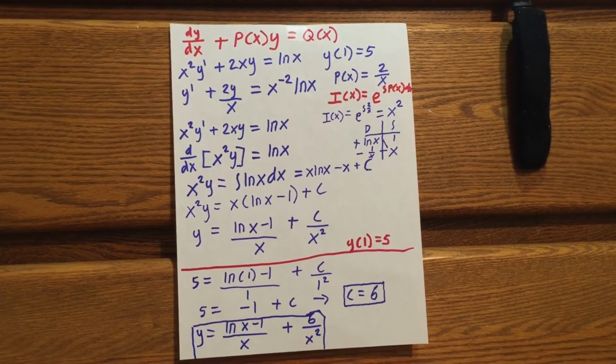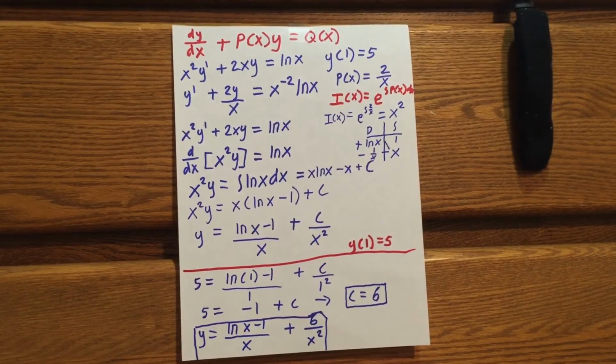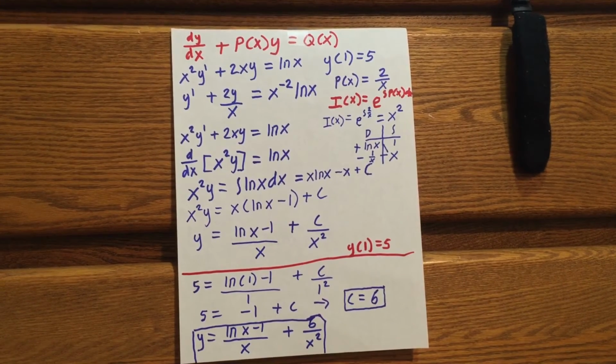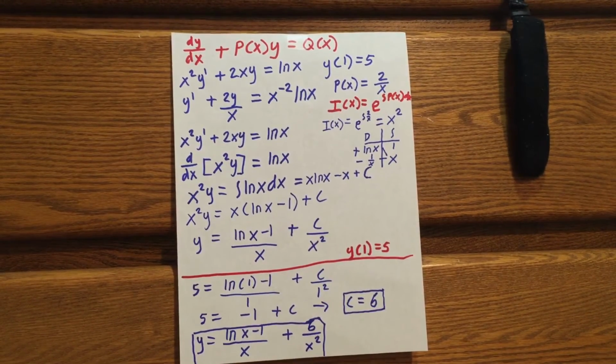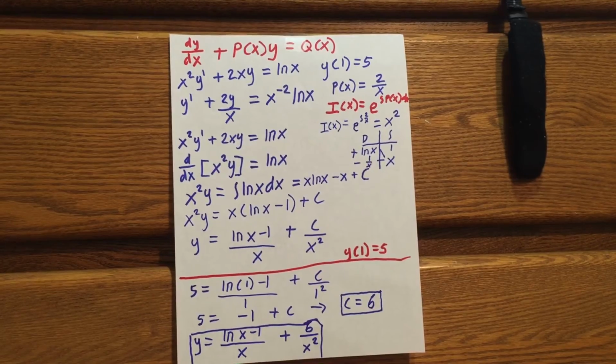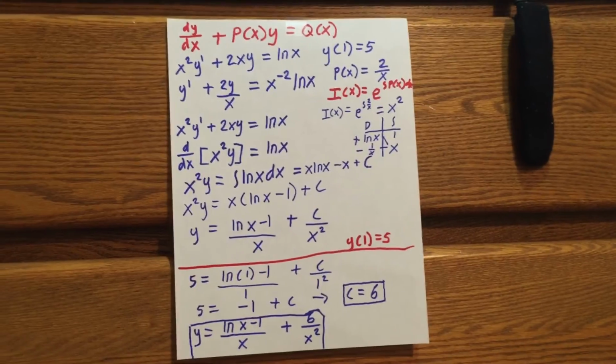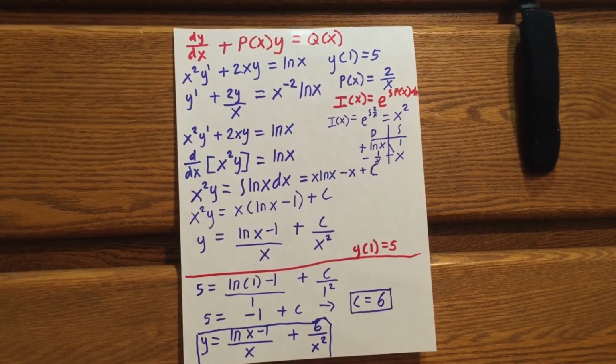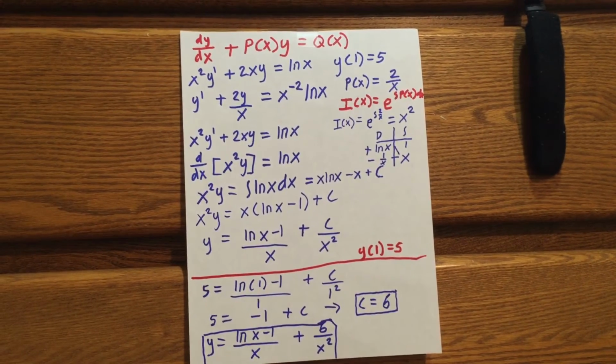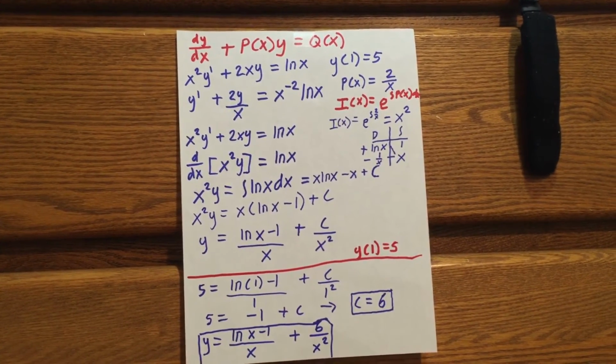So I just factored out the x after that. So it just says x squared y is equal to x multiplied by the quantity of ln x minus 1. That's just x ln x minus x rewritten with x factored out, and then plus c on the end.